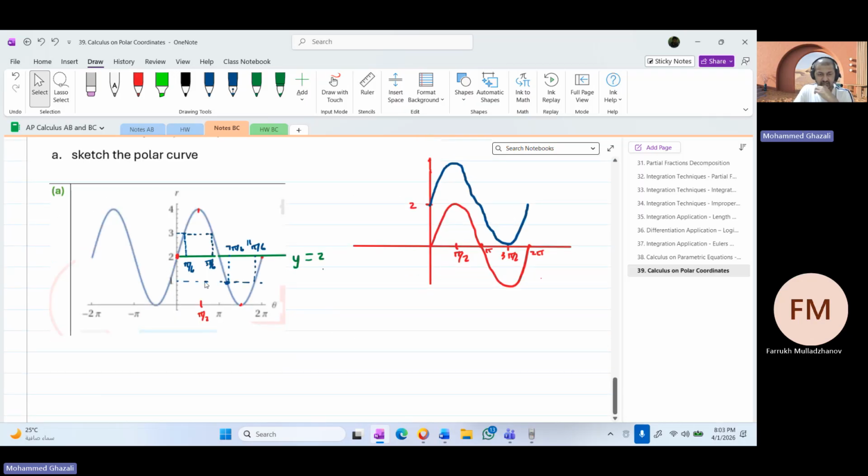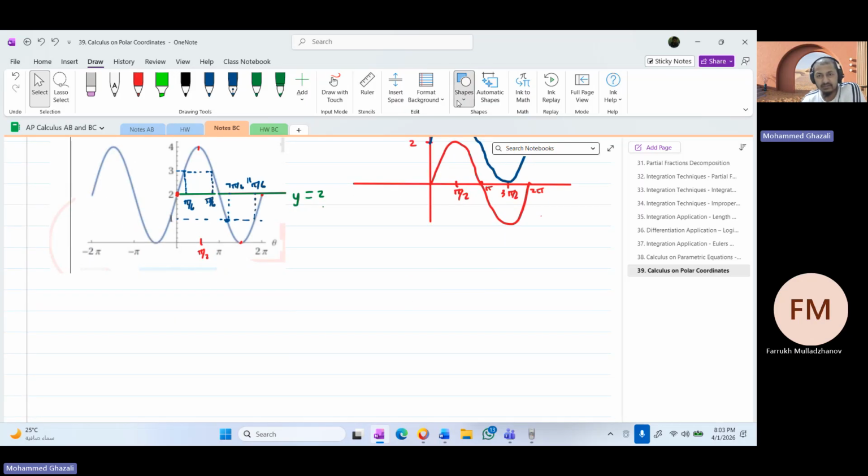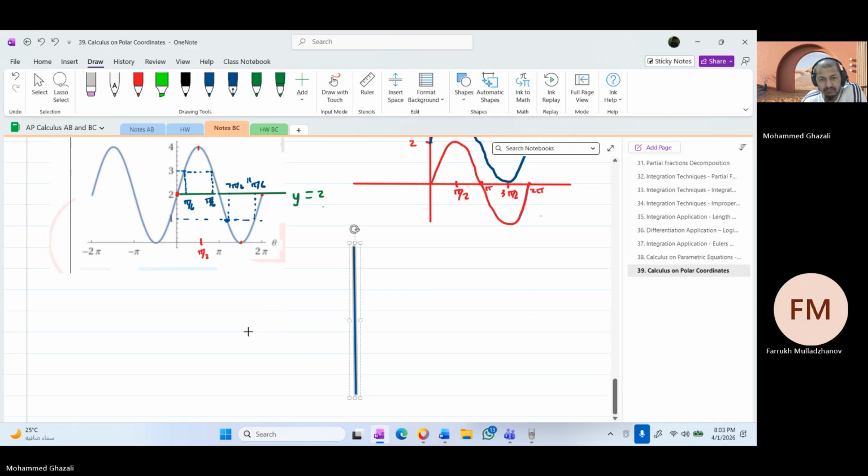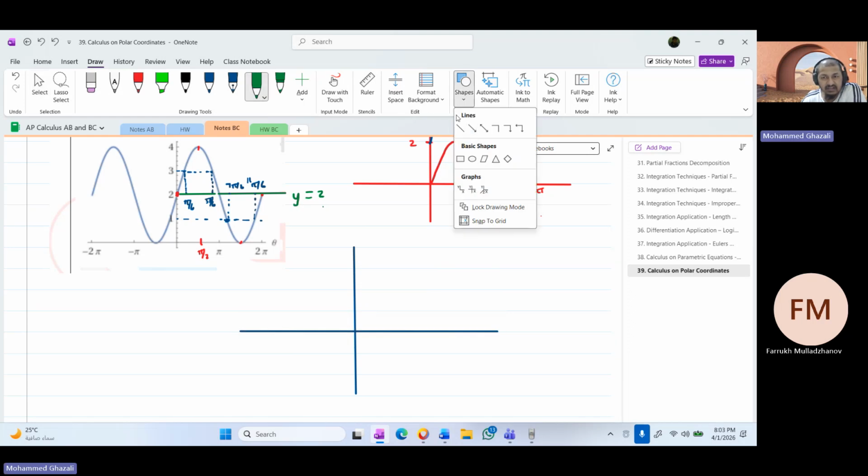Now we want to sketch this polar curve. So let's see what this polar curve looks like. Let me put the 45-degree lines as well.